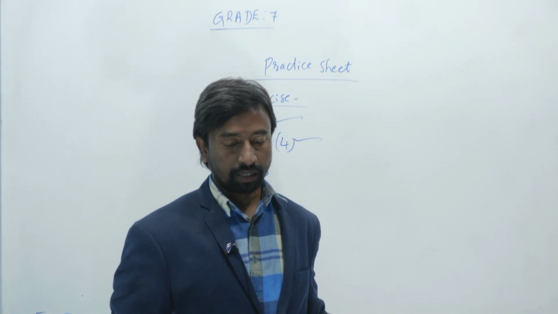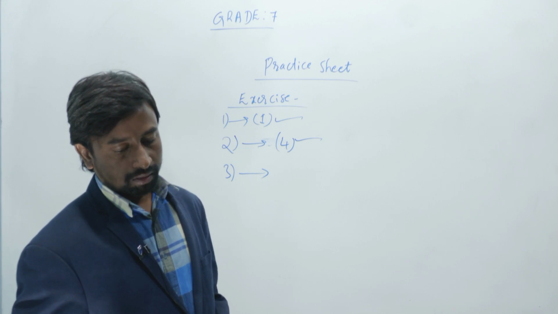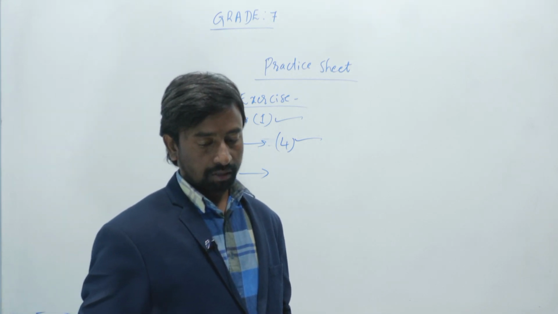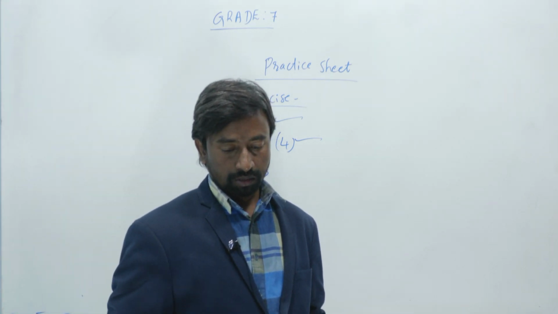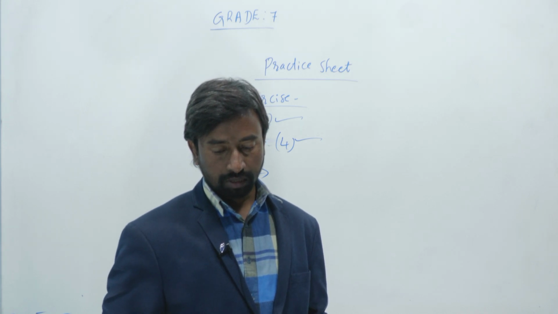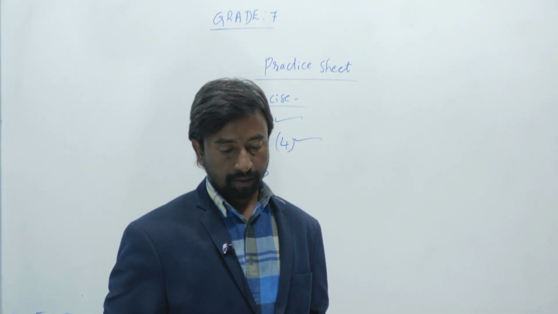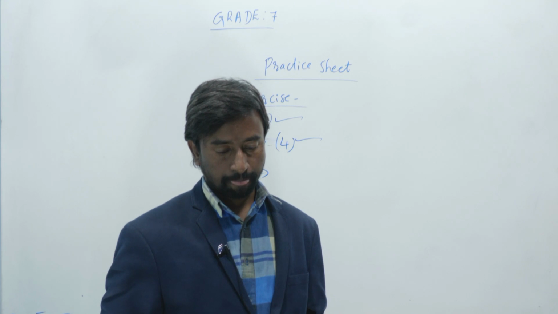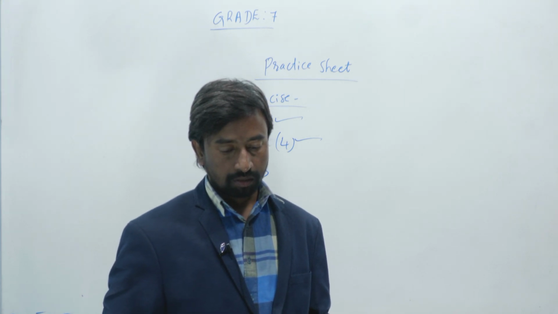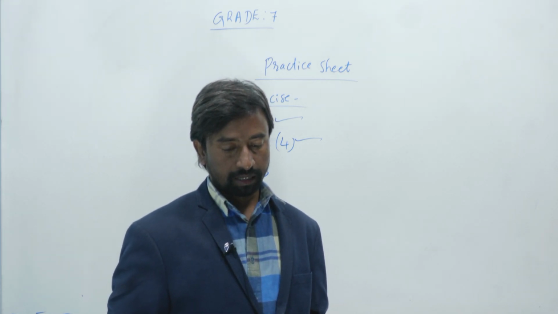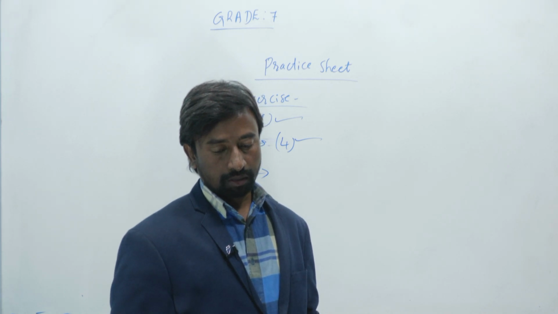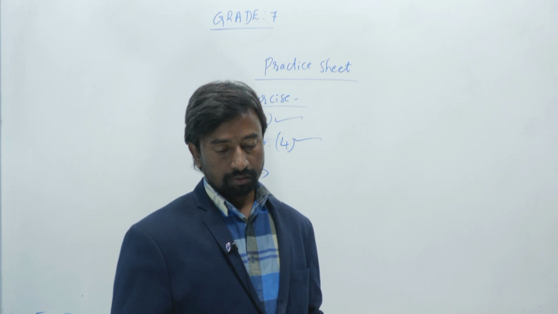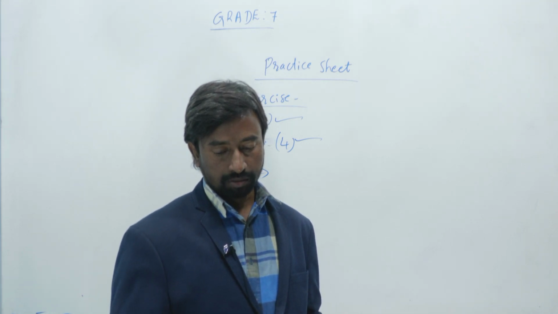Though they are equal in magnitude and opposite in direction, they act on different bodies. So we can write: they are equal but always opposite in direction. They act on two different bodies.